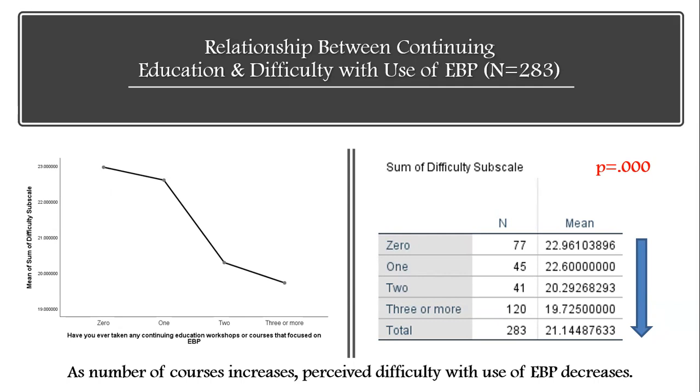But still finding a similar thing in that as the number of courses increased, the perceived difficulty with the use of EBP decreased. So here again, the same case for the importance of continuing education: the more courses you take in EBP, the less you are to perceive the process as difficult, okay?